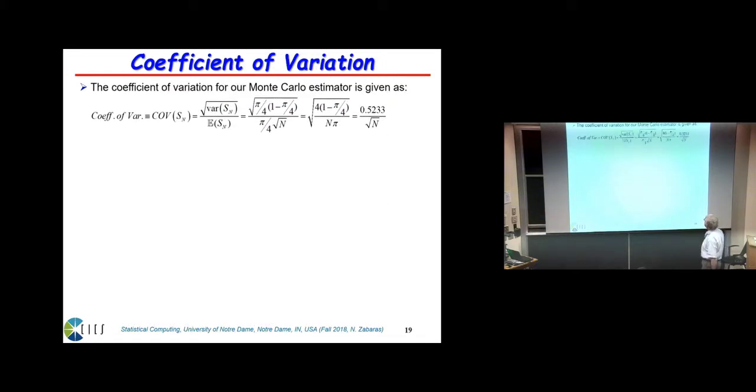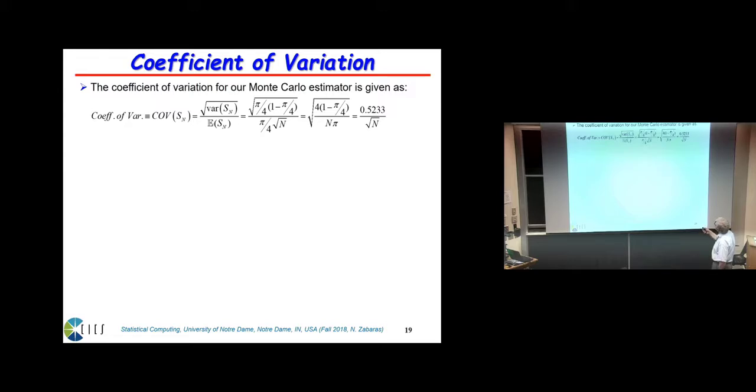So let me be practical now, and compute for our estimator what is called the coefficient of variation. You may have seen this in the first lecture slides. The coefficient of variation for any random variable is basically the standard deviation divided by the mean. I'm using here the exact variance.